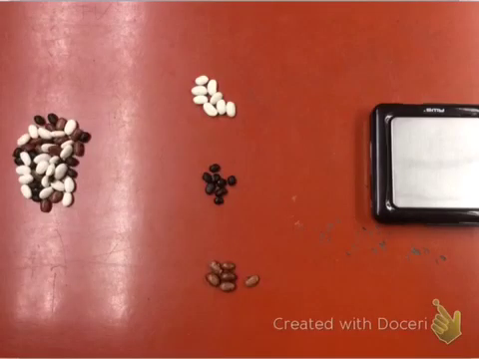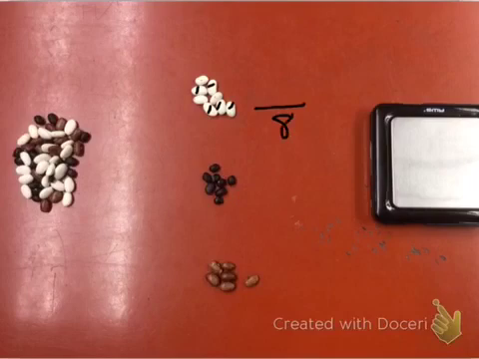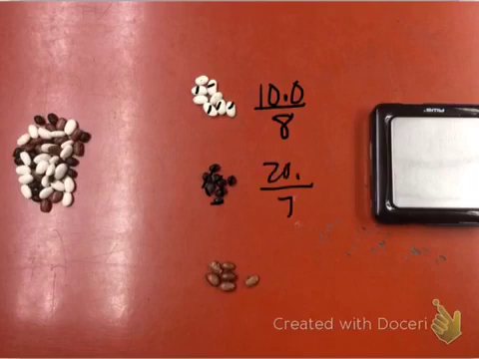So I lost that data. Okay, well, let's say now, again, I can't remember what I said about these masses. So I have 1, 2, 3, 4, 5, 6, 7, 8 beans, and let's say that their mass was 10 grams. I can't remember what I said. And then I have 1, 2, 3, 4, 5, 6, 7 beans, and we said that their mass was 20 grams.